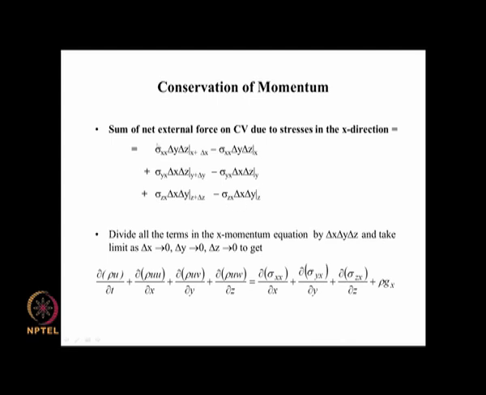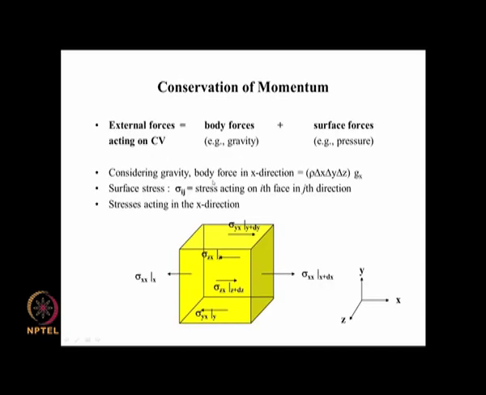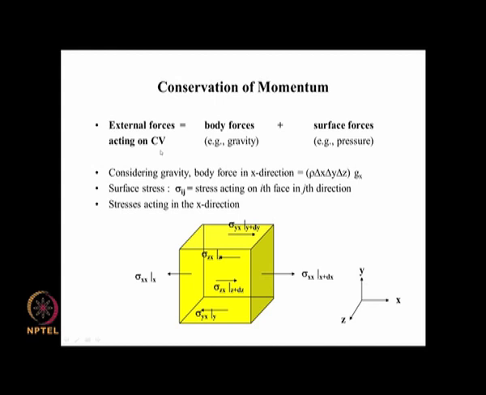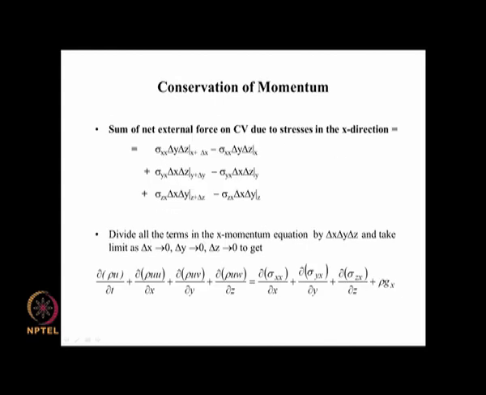So, we have a mathematical expression for the sum of net external forces, and we have the component from the net external body force, and then we have expressions for net momentum flow rate in, net momentum flow rate out, and the rate of accumulation of x momentum. All this can be substituted here and we get an overall expression.